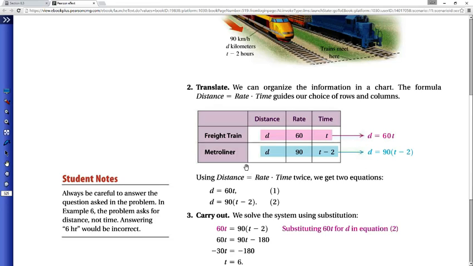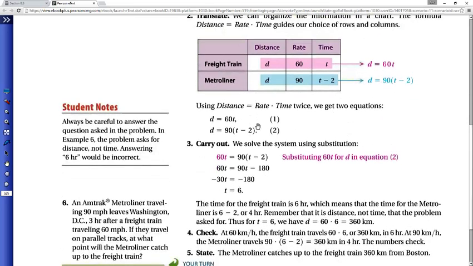The Metroliner would be distance equals the rate times the time that's in relationship with the freight train, because this train doesn't leave for 2 hours later. So we get these two equations right here. And now that we have two equations, we can solve those a couple of different ways, right? So they use substitution, which is a very good strategy because we have it solved for d.